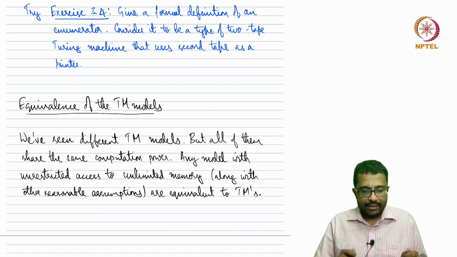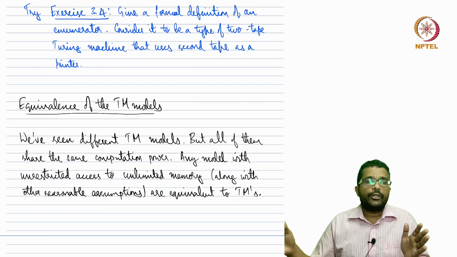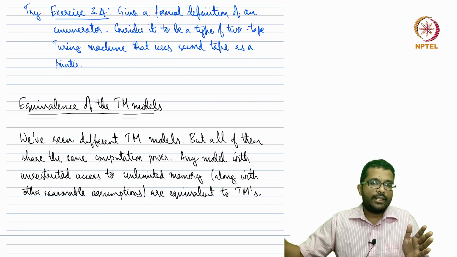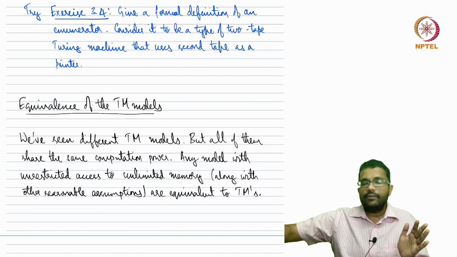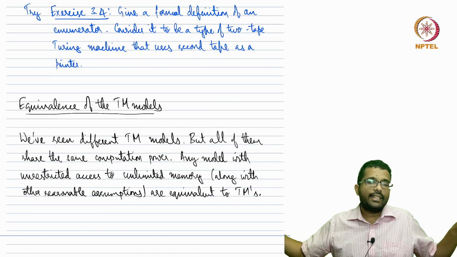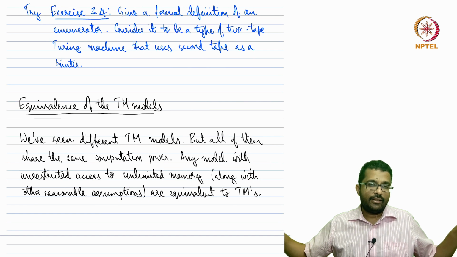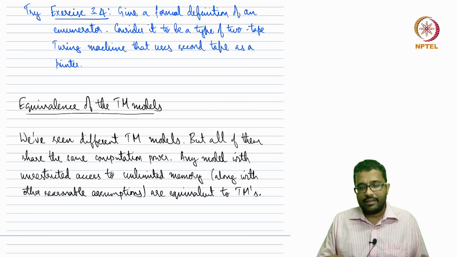Even slight changes are fine. For instance, when we defined the Turing machine, we said the tape is infinite to one side but not the other: there was a left end, but infinity to the right. But what if the tape extended to infinity on both sides? Even this is equivalent to the Turing machine model. This is just another example.